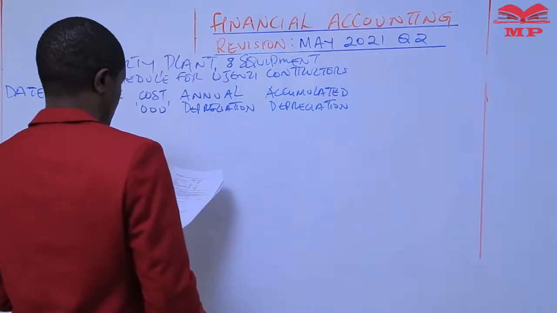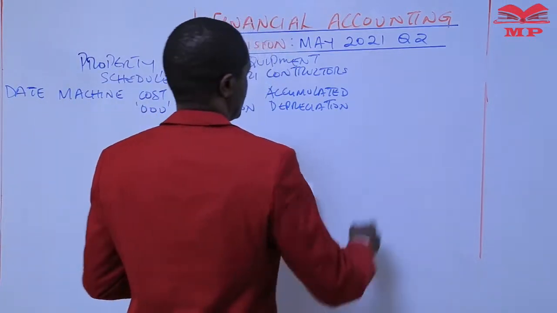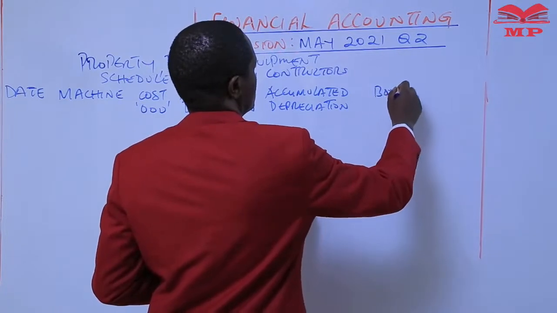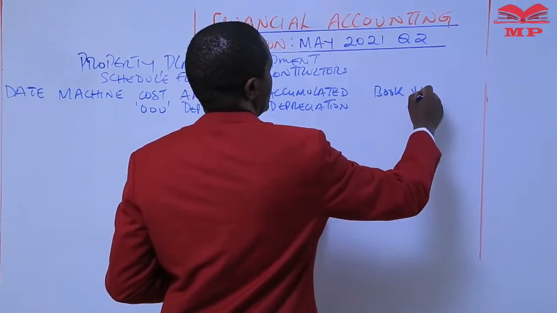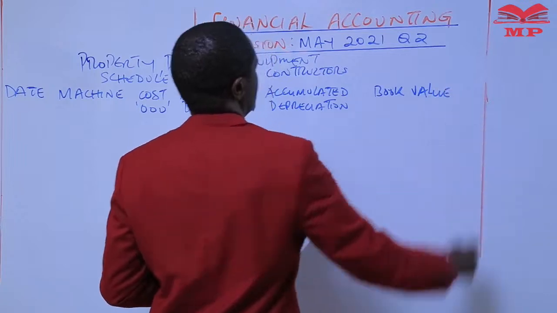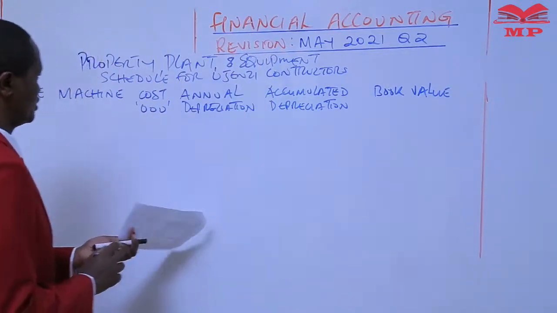Then lastly, we have the book value. The book value. These are the columns.